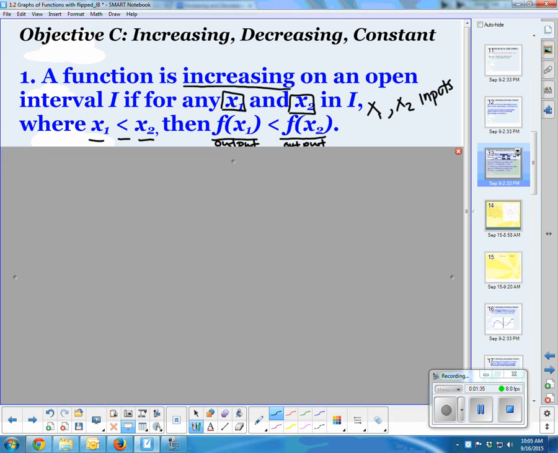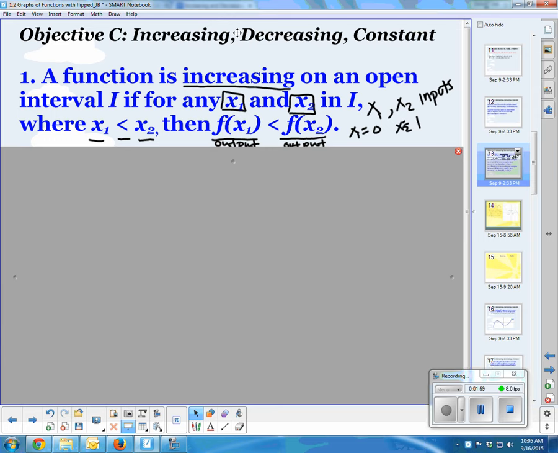For example, my x1 might be 0 first, and x2 is 1. x1 is smaller than x2. If what I get out when I put in x1 is smaller than what I get out when I put in x2, then the function is increasing.